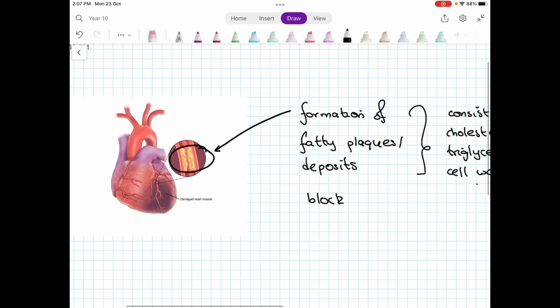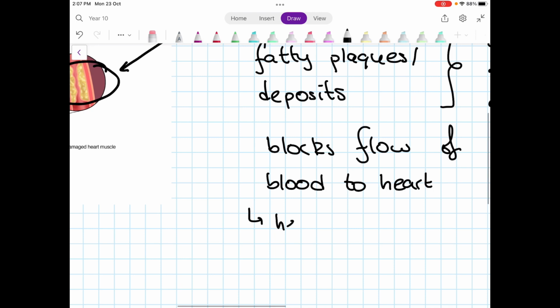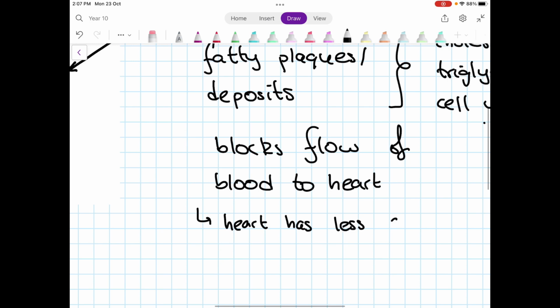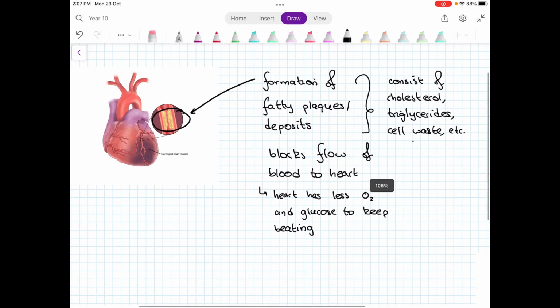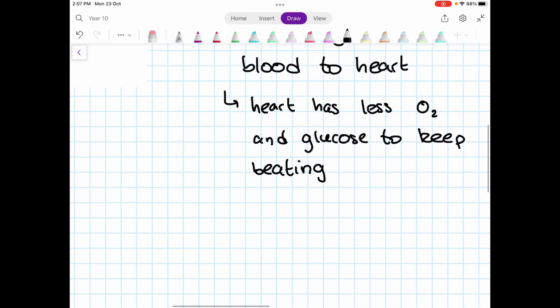So it blocks flow of blood to the heart, and this means that the heart has less nutrients to keep it beating. So the consequences of coronary heart disease can include angina, which is chest pain.